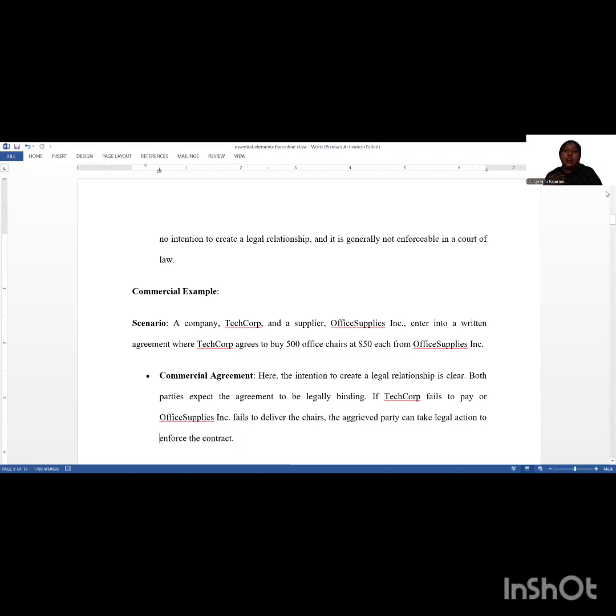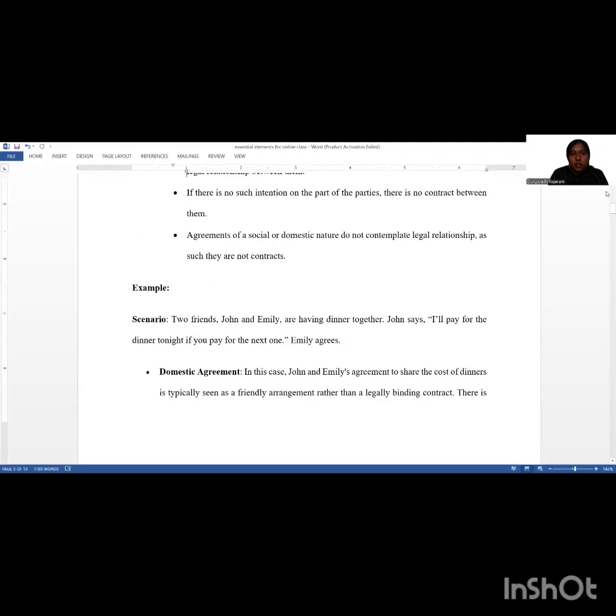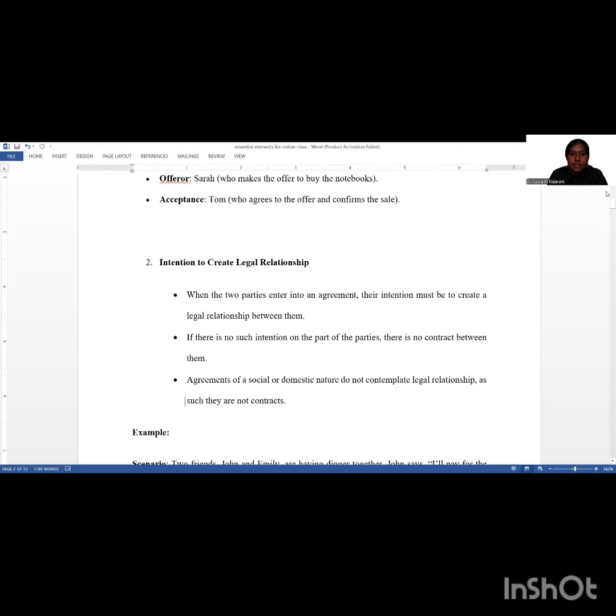In this scenario, we can take legal action. This is enforceable by law. But in the previous example, it comes under a friendly arrangement. This is the intention to create a legal relationship.